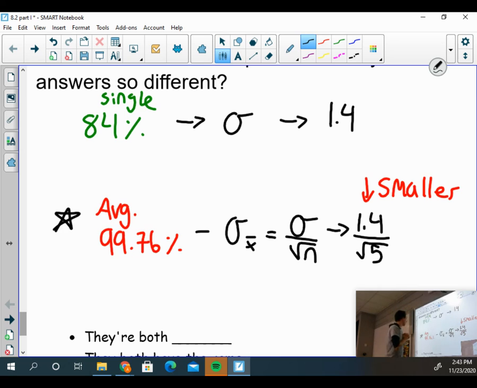I'll say that again. Smaller standard deviation makes our curve skinnier, means more data present between our two values, which ultimately gives us higher probabilities. Smaller standard deviation, more area, higher probabilities. Okay?